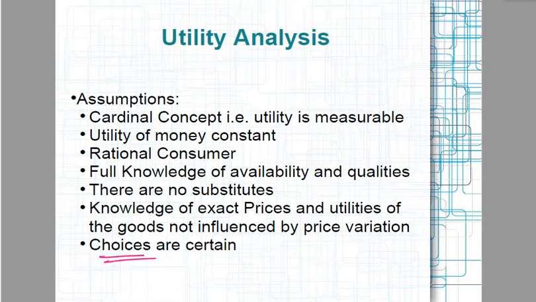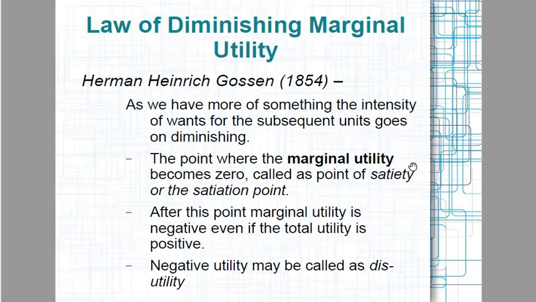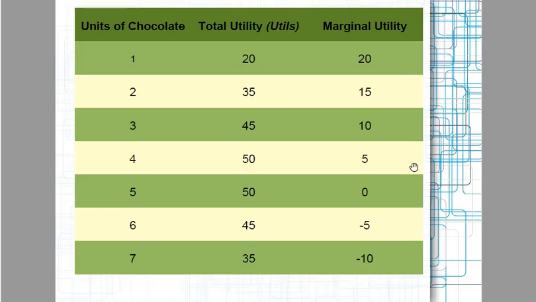The entire industry called the advertising industry, the advertisements that you see on television, the entire industry is based on violating this assumption. So it's not necessarily true, but since we have constructed this model, it says that if you flout any of these assumptions, the utility analysis presented as such will not hold true.